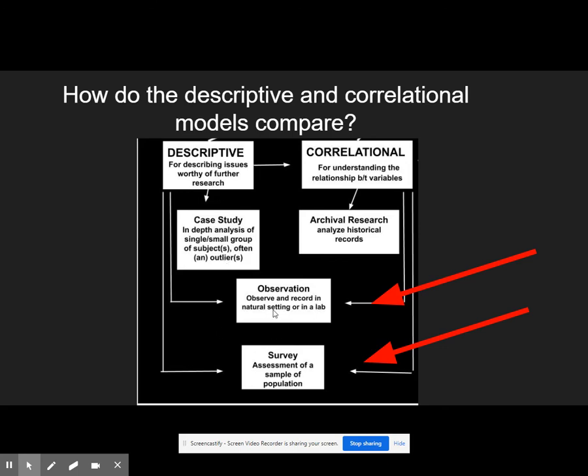Now, when it comes to observation, recording in a natural setting or in a lab, those measures in either type of study do have to take on a very serious and scientific methodology. So, for example, when I was in third grade, my teacher had me doing a science experiment where I tried to see if there was a difference in the amount of time that third grade boys and girls could balance on the balls of their feet.